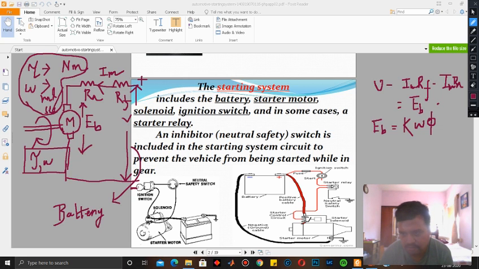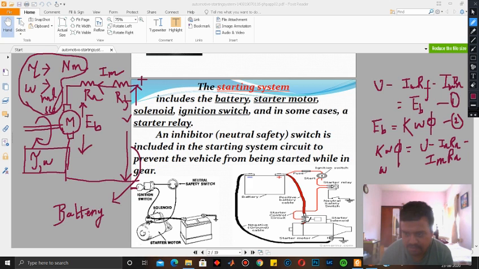This is equation 1, and if we substitute the value of equation 2 in equation 1, we get k omega phi is equal to V minus ImRF minus ImRA.